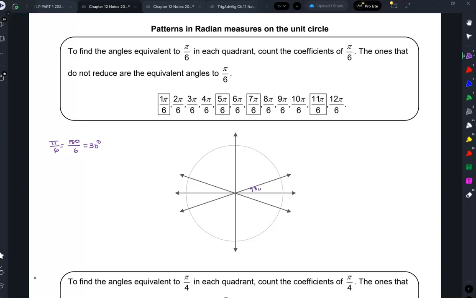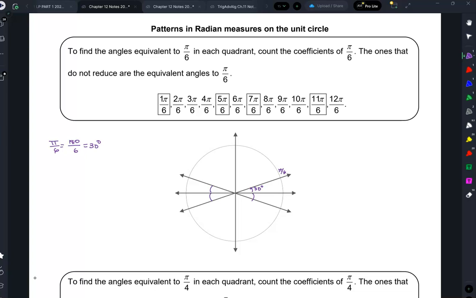This is 30 degrees away from the x-axis. If I draw another angle 30 degrees from the x-axis here, that's an equivalent angle. 30 degrees on this side from the x-axis is equivalent, and 30 degrees on this side is also equivalent.